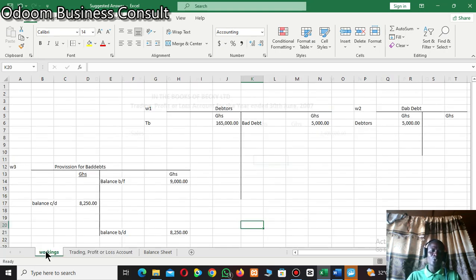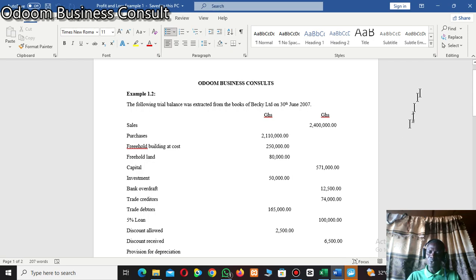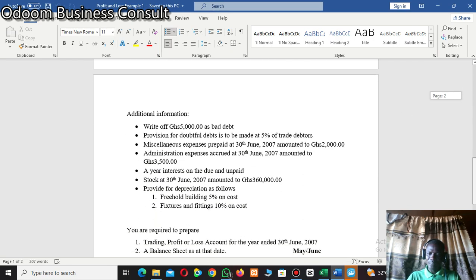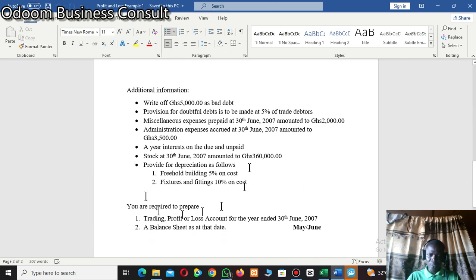So you have to do the workings first, and the workings have to do with the additional information on the question or the footnote here. If you're able to get the workings right, in fact you are likely to get 100% on trading profit and loss accounts.